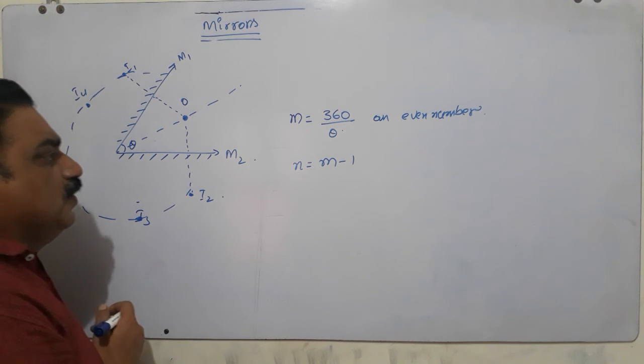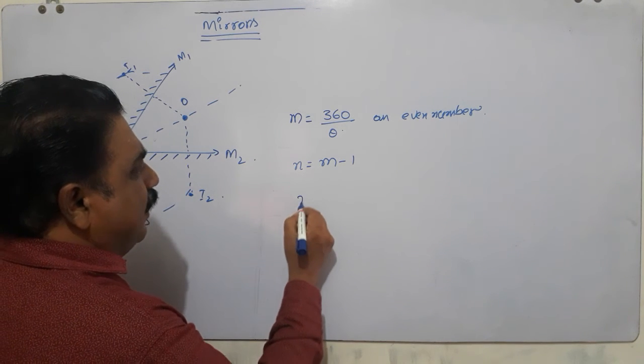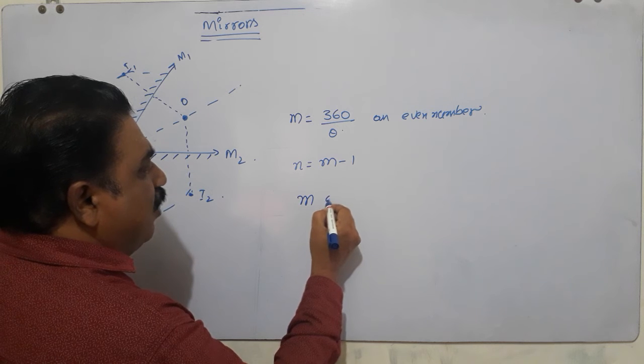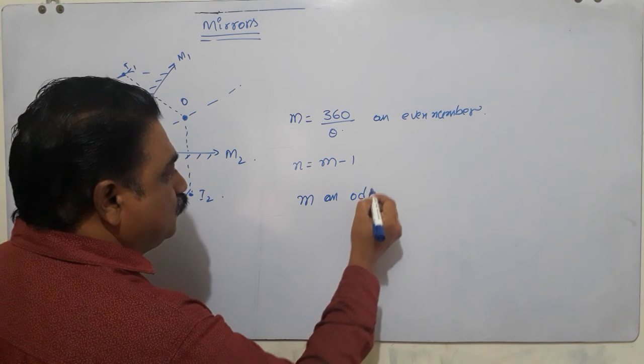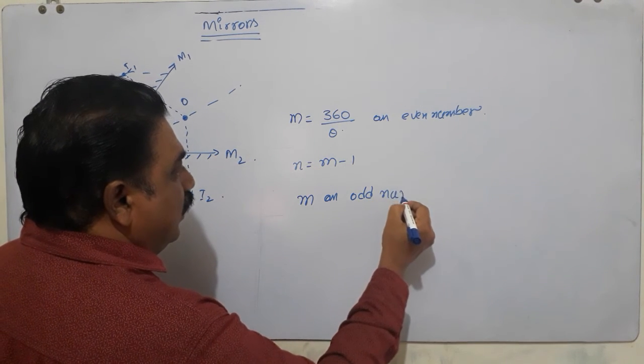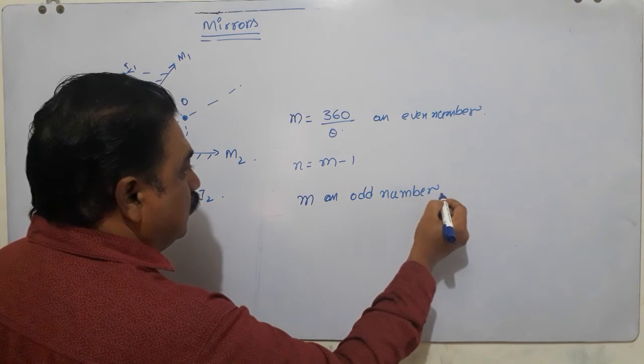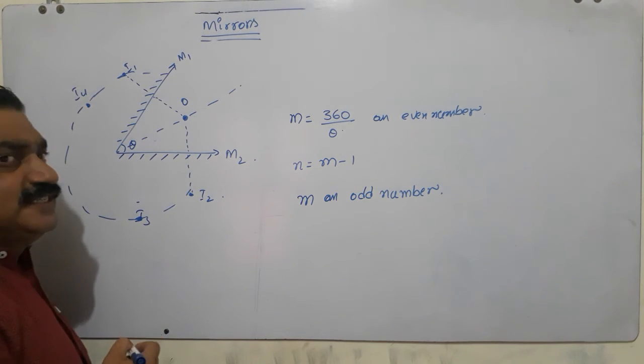For example, if you get m as an odd number, then how many images are formed?